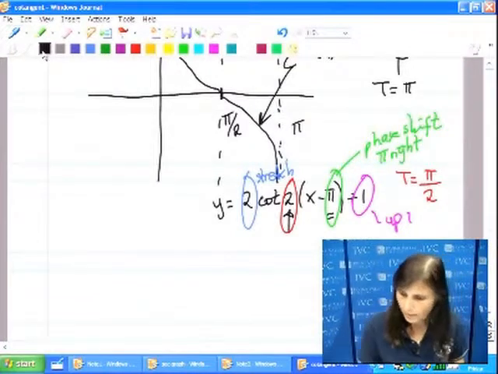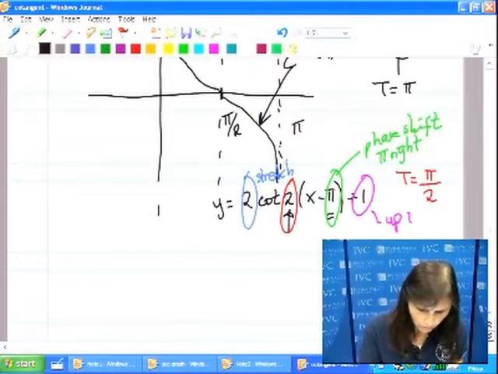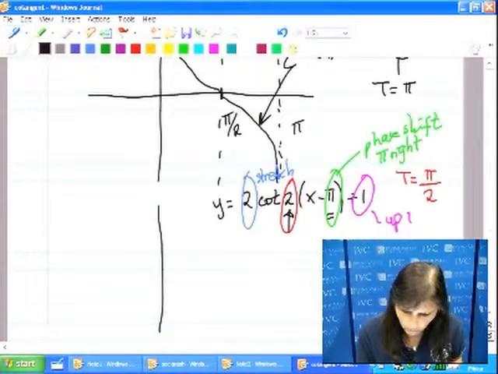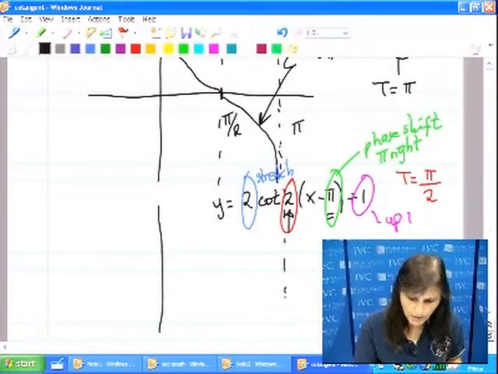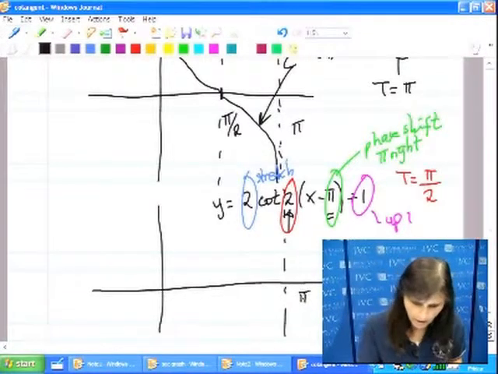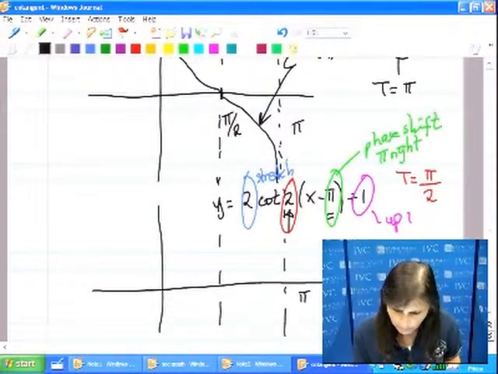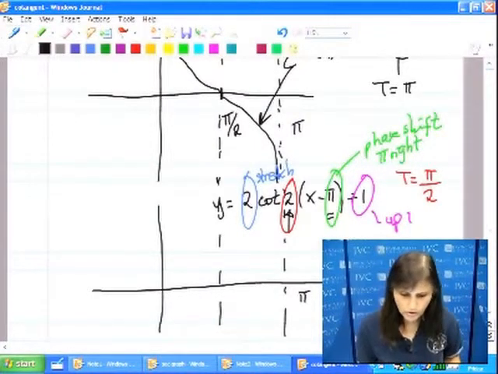The first one I'm going to do is y equals cotangent 2x. It used to be at pi. Now the period is simply going to be pi over 2.